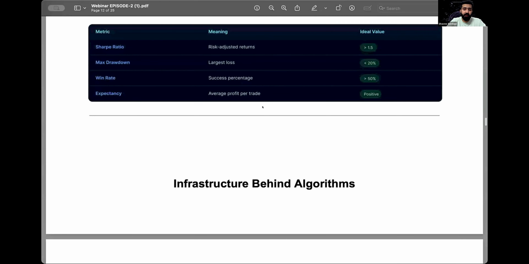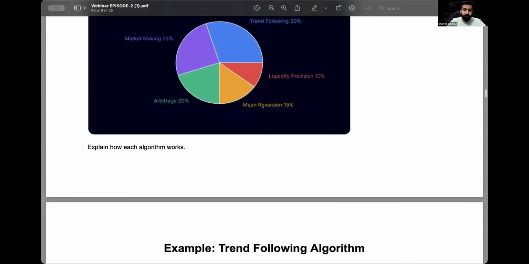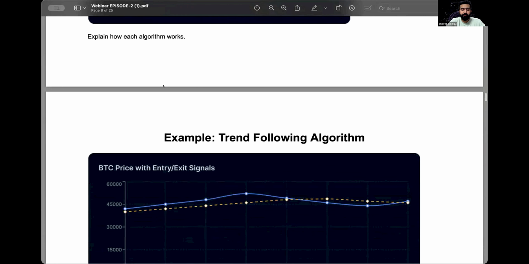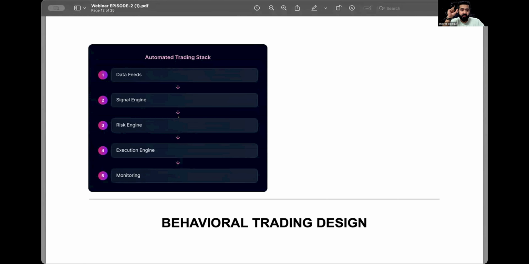Whether this information is fetched by a market trend strategy, a market reversion strategy, a liquidity provision process, a market making process, arbitrage, or mean reversion, all this execution, all this understanding of a trade is determined at the signal engine of the algo where the strategy logic runs.